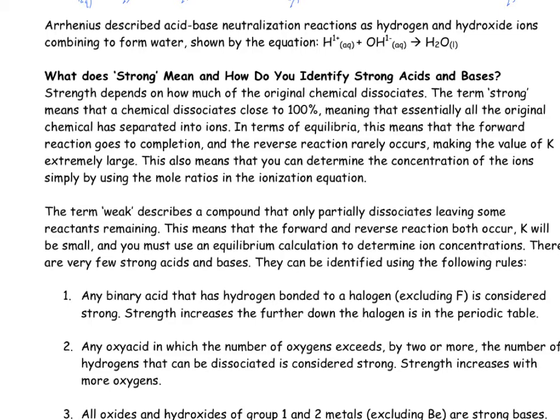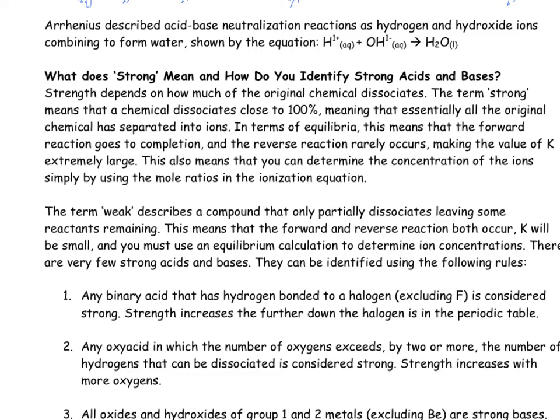In terms of equilibria, this means that the forward reaction goes to completion, and the reverse reaction very rarely occurs, making the value of K extremely large. This also means that you can determine the concentration of the ions simply by using mole ratios in the ionization equation, because all of the acid or base falls apart.